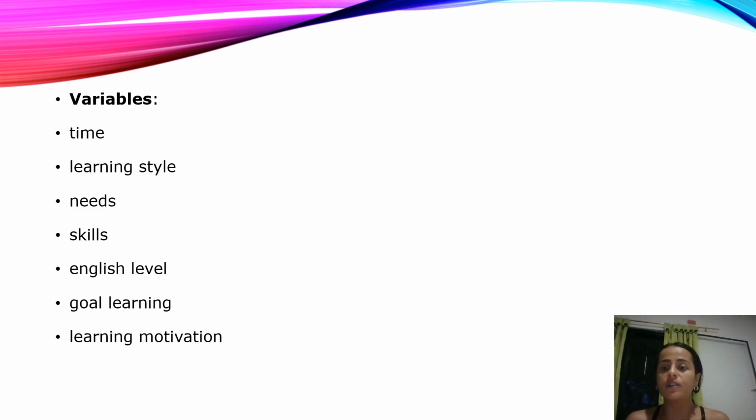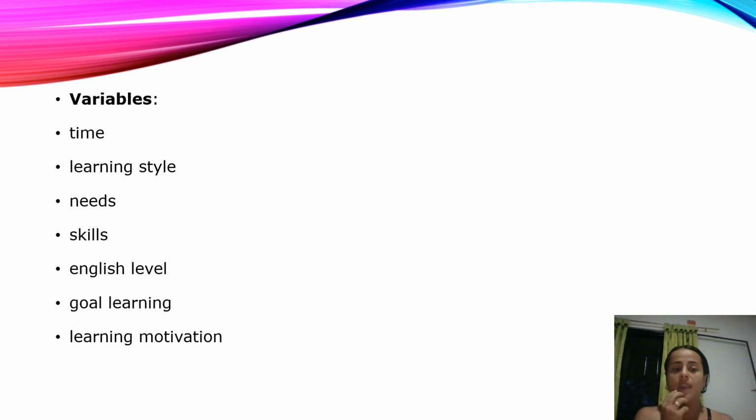Learning style: we are going to determine how she learns, the way that she learns more and better, and gets the knowledge. Needs: what she needs to learn, what she needs to strengthen, and what she needs to get better at. Skills: we are going to determine what English level she really has, and how we can apply it in order to improve her skills.